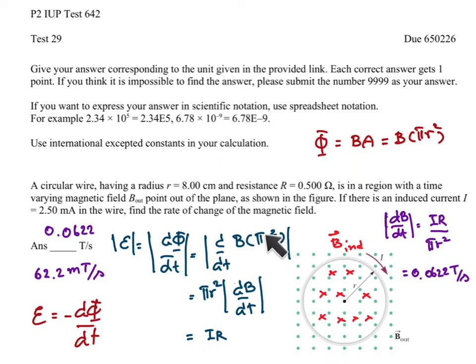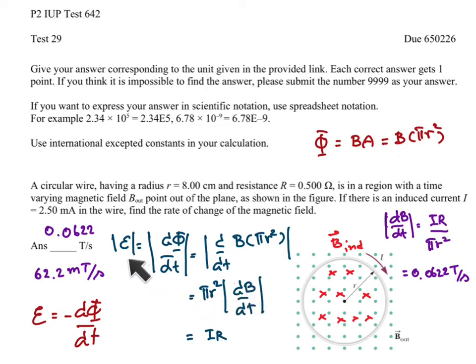Okay. And since pi and r squared are constant, they do not depend on time, so we can take this term out of the derivative. So we get pi r squared times the absolute value of dB by dt, and this is what we want to find.